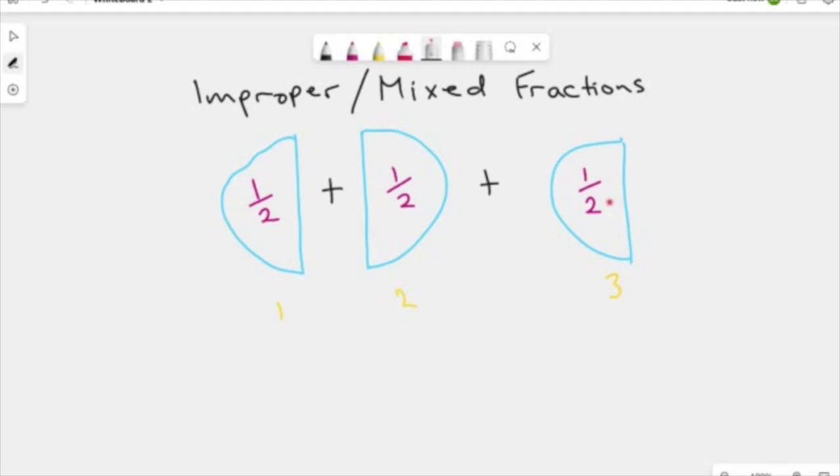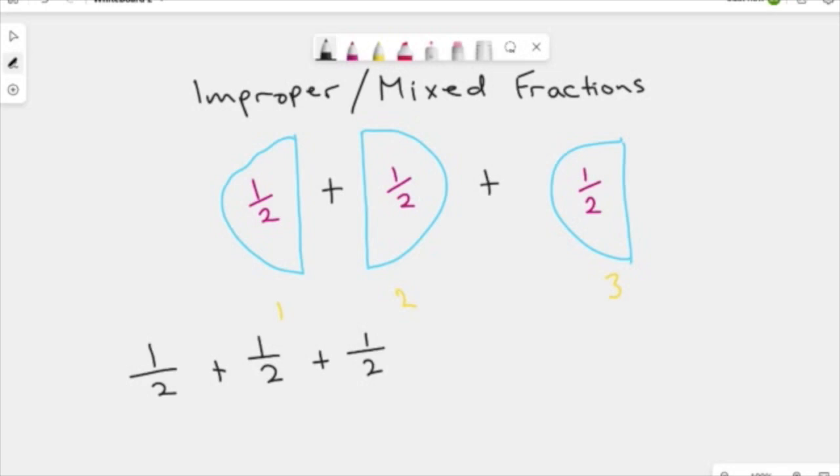Going through what we know about adding together fractions, all of these have the same denominator, so they are parts of the same thing. So we can write here that we're looking at half plus a half plus another half.